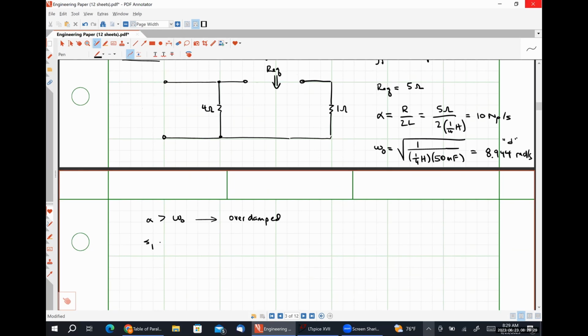So S1 is negative alpha plus the square root of alpha squared minus omega naught squared. So I'm going to put that in my calculator really quickly. Negative 10 plus the square root of 10 squared minus what I have in my calculator as D squared.